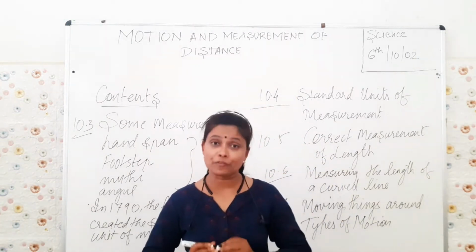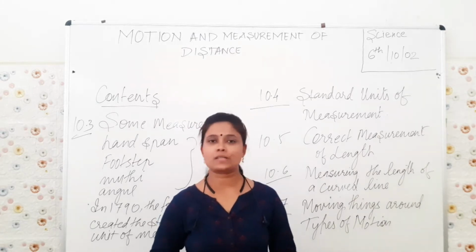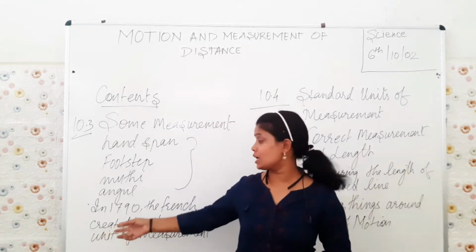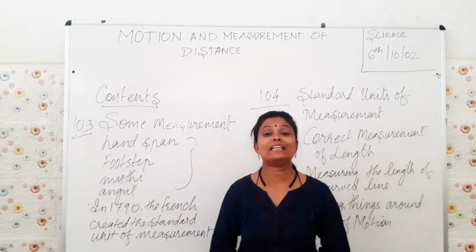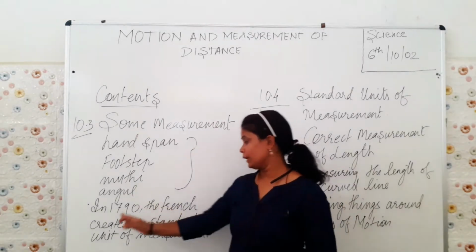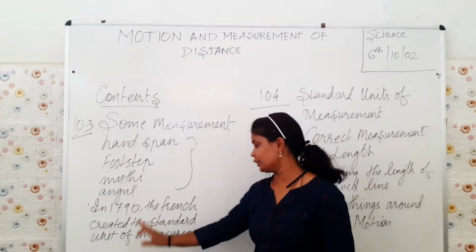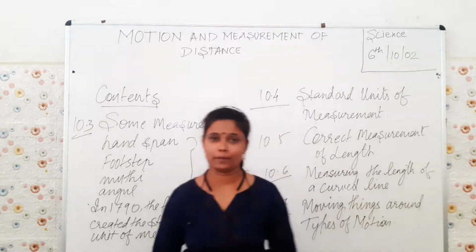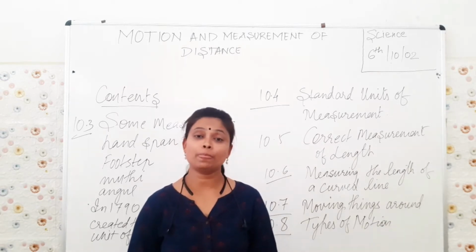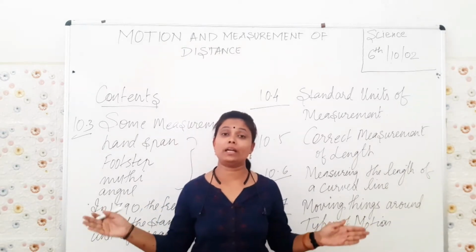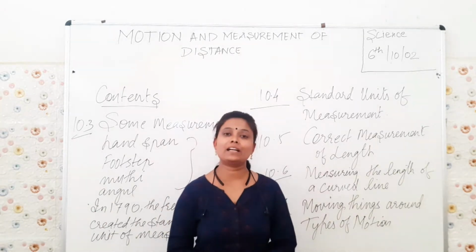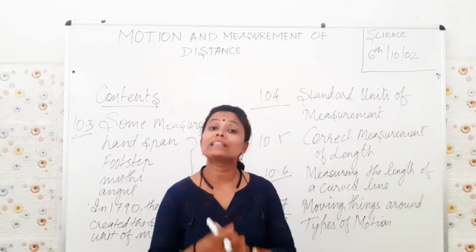Next. As these were happening in ancient times, but are they accurate? Can we get the perfect measurement? No, it is not possible. So invention happened very fast, in 1790. In 1790, the French created the standard unit of measurement. The measurement of a cloth or a road is done in the standard units of meter and kilometer.